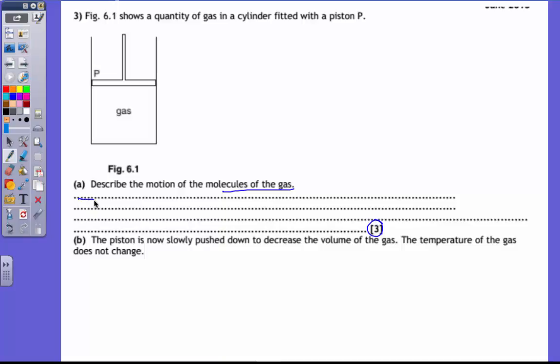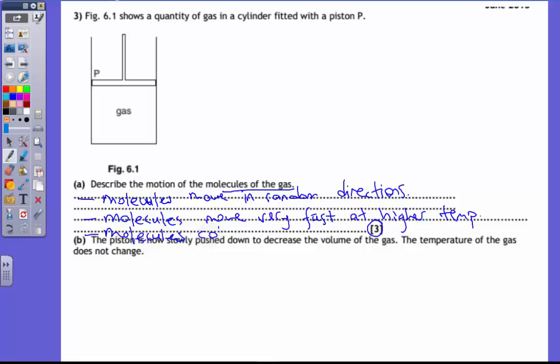So the first thing we can say, molecules move in random directions, and molecules move very fast at high temperature, and molecules collide with each other and with walls.